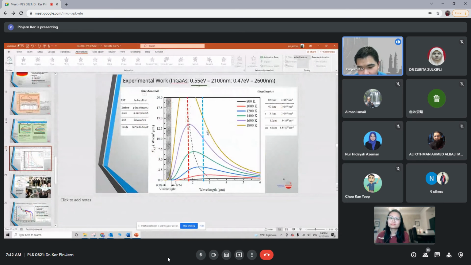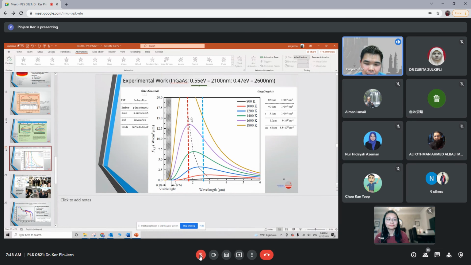If you see the spectrum, the overall power will reduce quite significantly with reducing temperature. This slide is just showing you that, this is 1800 Kelvin. The area under the graph represents the amount of power. By the time you drop to about 800 Kelvin, it is still quite high. It's not very low, but it is already quite low.